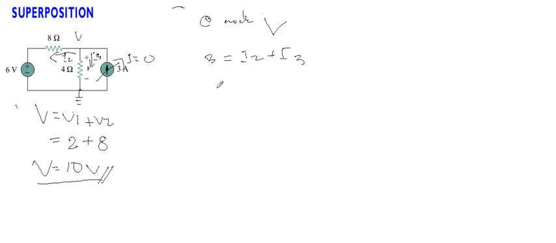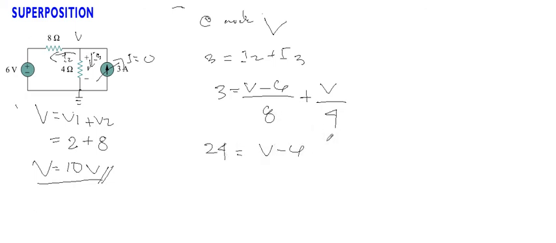Now, we have 3 entering this node, and we have currents leaving this node, which are I3 and I2. So we can write I2 as V minus 6 over 8 plus V over 4. Now, to solve for the LCD of the 8 and 4, of course, we have 8. Now we have 8 times 3, we have 24 is equal to V minus 6, because the 8 cancels out.